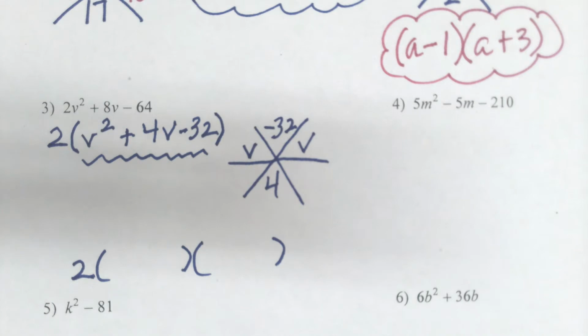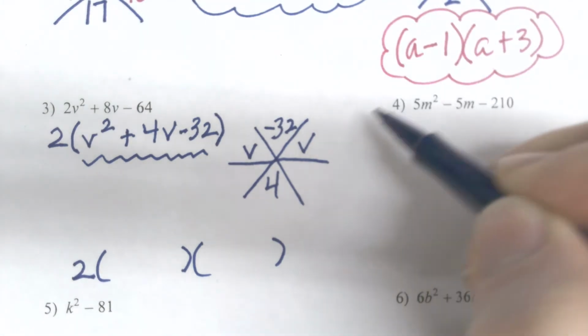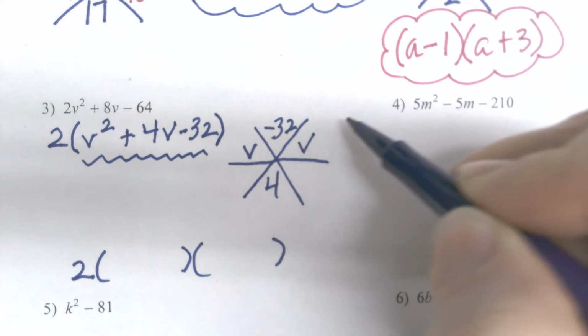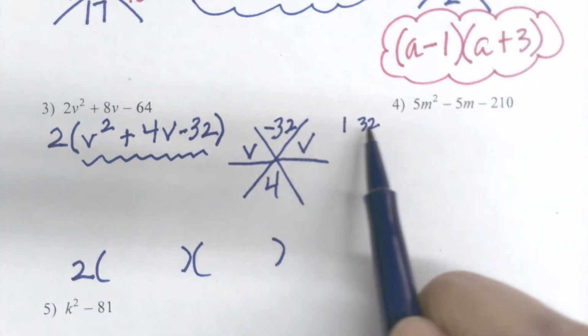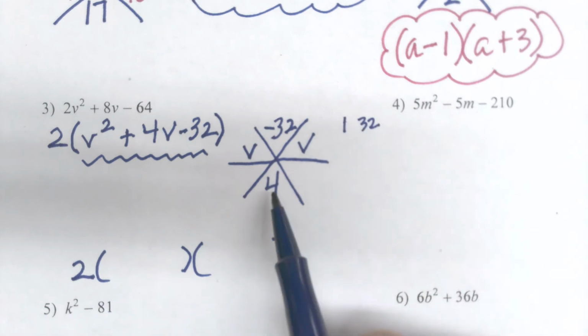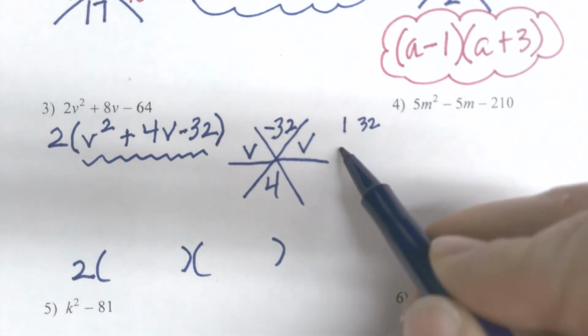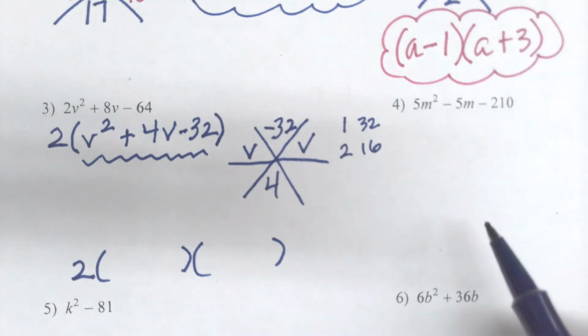Sometimes when it's hard for me to figure this out, I make an organized list. Some of you might know this already, but sometimes I'll start with just listing all of the factors. I start with 1. 1 times 32 is 32. Can I do anything with 1 and 32 to get 4? No. Then I will do 2 times 16 is 32.